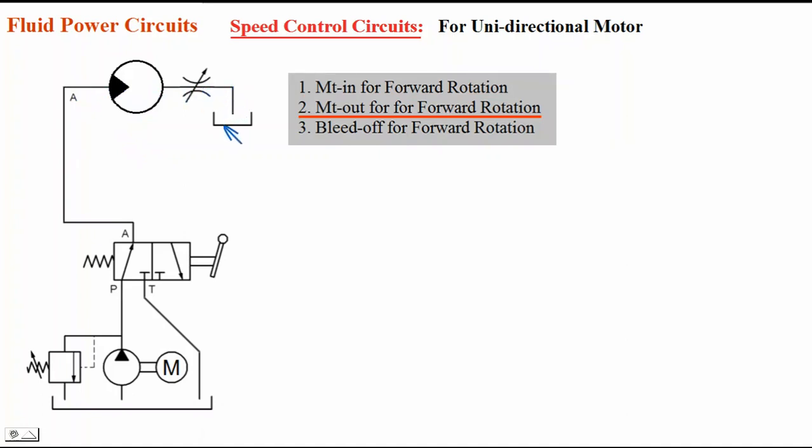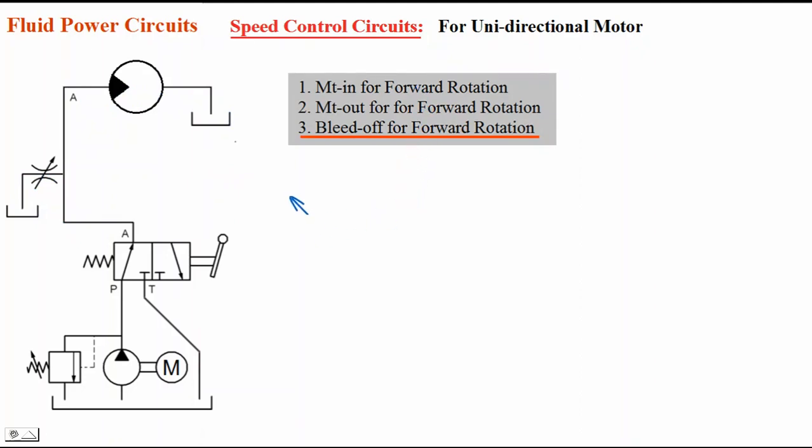That's why it is meter out for forward rotation. And here, I am bleeding off some oil. Only the remaining oil can flow here, so that's why it is bleed off for forward rotation. So likewise 3 different types of speed control circuits are possible with a unidirectional motor.